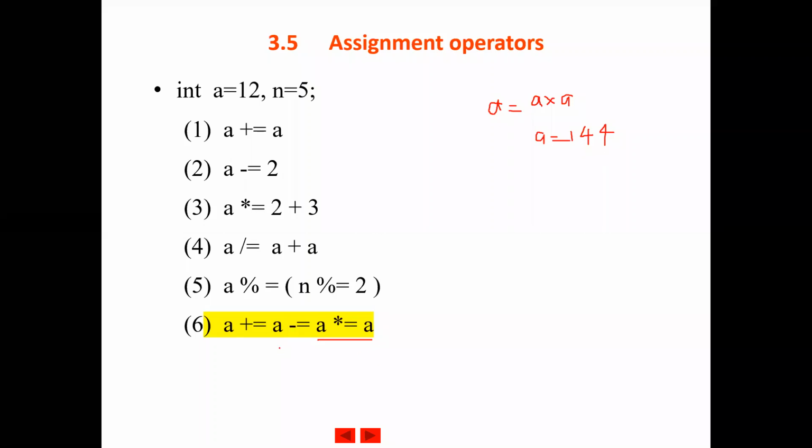What is A minus equal to? So this part we solved now, and we got it as 144. We are writing the substituted value: A minus equal to 144.